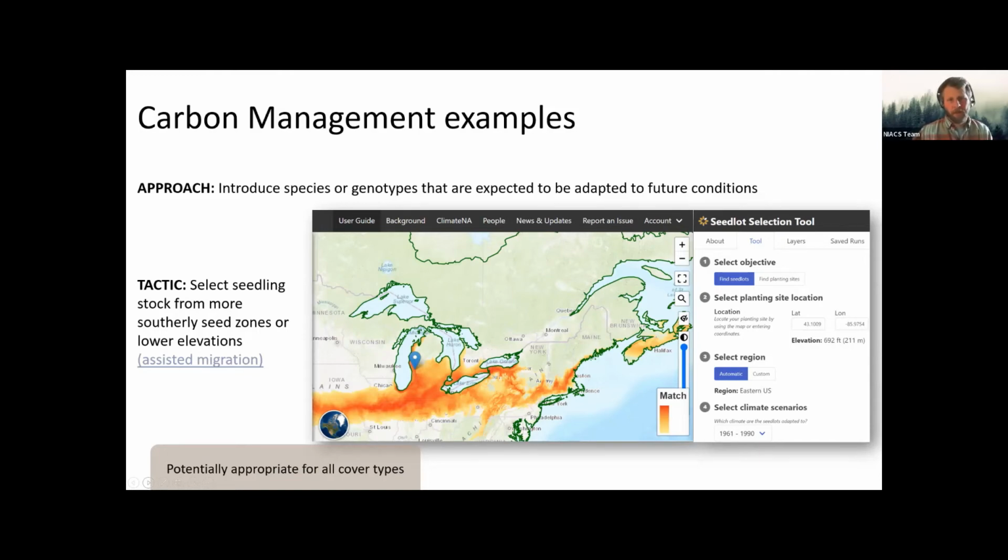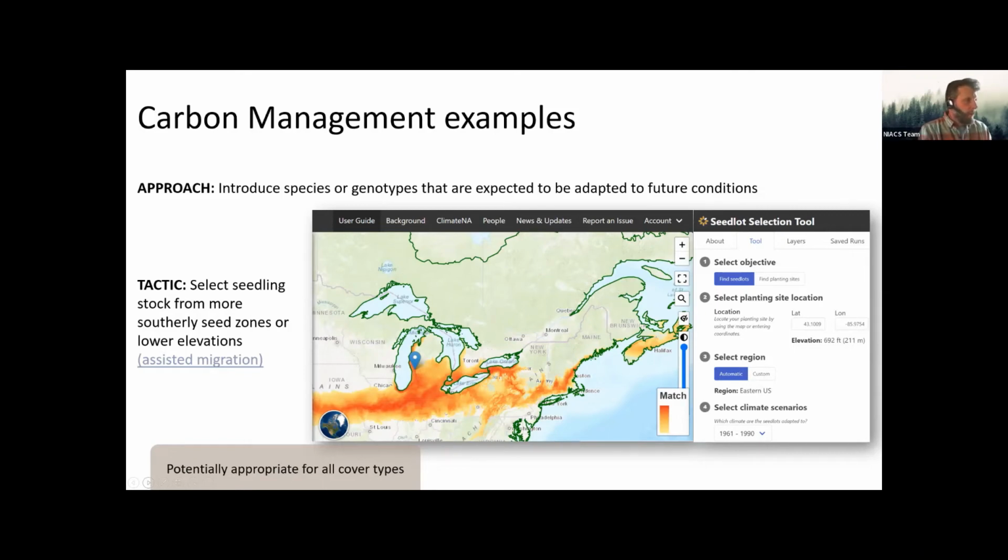Maybe it's just a county or two away, and so we're just expanding the range. Or maybe we just don't have a population of that particular tree species on our site, but it's all around us. These are all different ways that you can be introducing a species to your site.